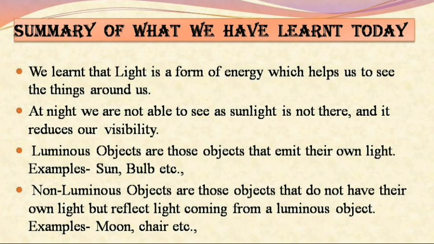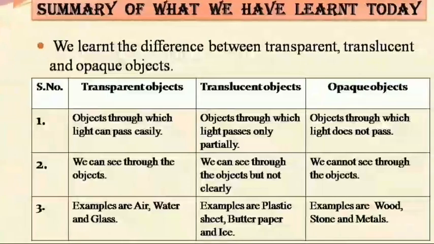Luminous objects are those objects that emit their own light. For example, sun, bulb, etc. Non-luminous objects are those objects that do not have their own light but reflect the light coming from a luminous object like the moon, chair, etc.